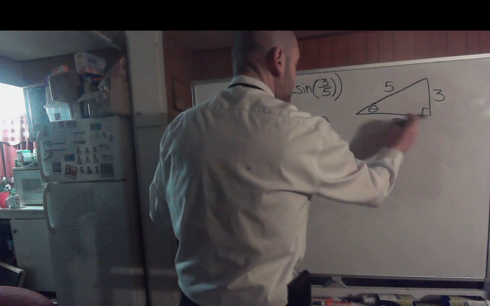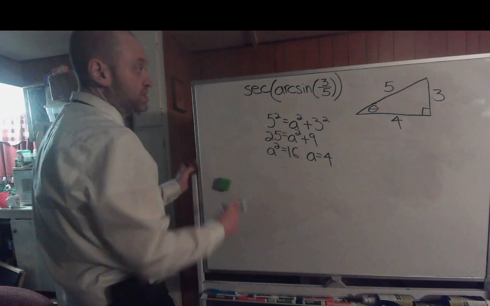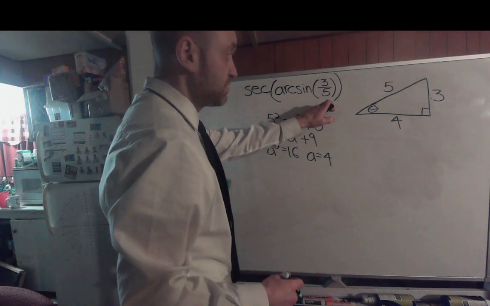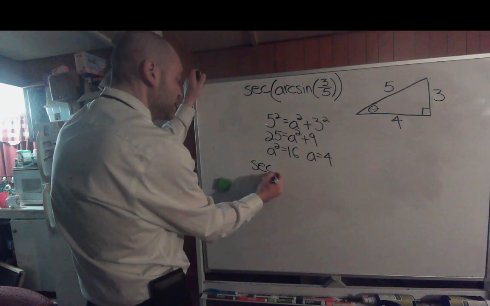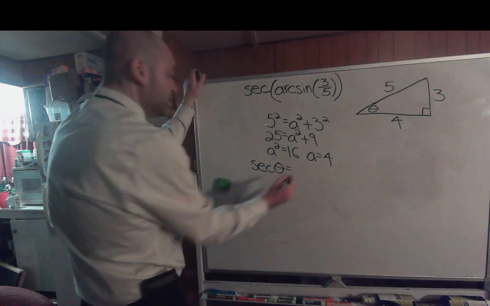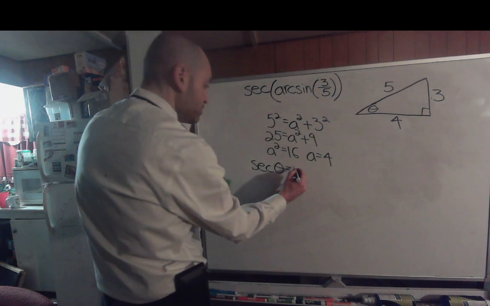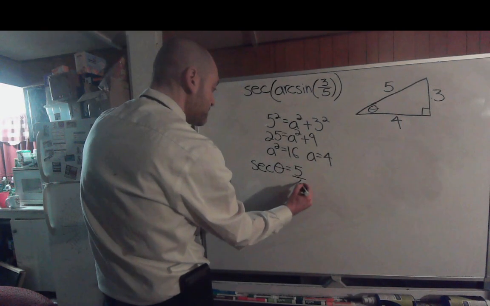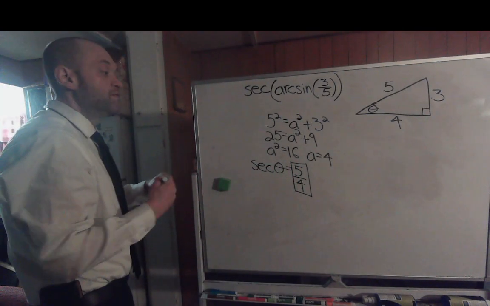So let's go ahead and put that 4 in for where the a is. And of course the arc sine of 3/5 would just simply be theta. So this just turns into the secant of theta, which we know secant is hypotenuse over adjacent, which would just be 5/4. So the answer you should get for this would end up being 5/4.